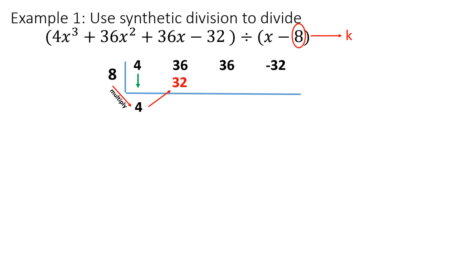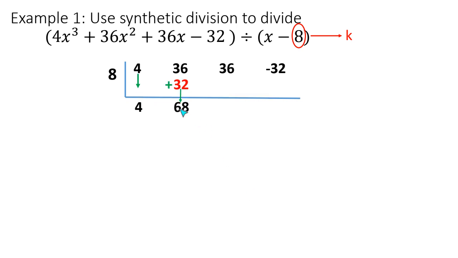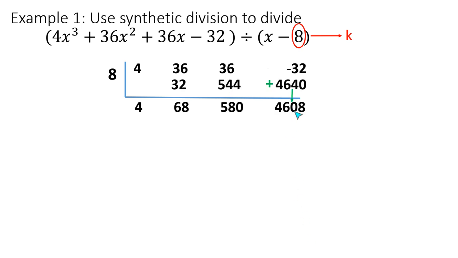We get 68. 68 times 8 is 544 plus 36. 580 times 8, 4,640. Subtract the 32, and we get 4608. Okay, your remainder is 4608.